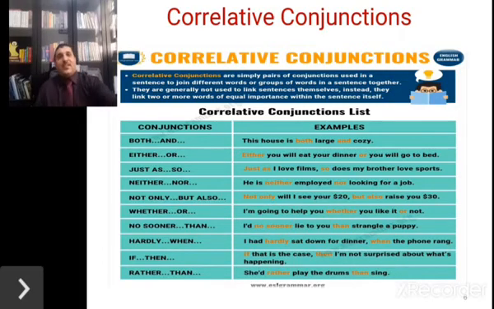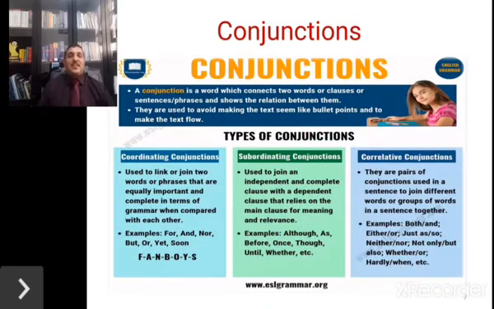Okay, here let us see the general idea, because we have given you some glimpses about conjunctions, first coordinating conjunctions, then subordinating conjunctions, and the last correlative conjunctions.